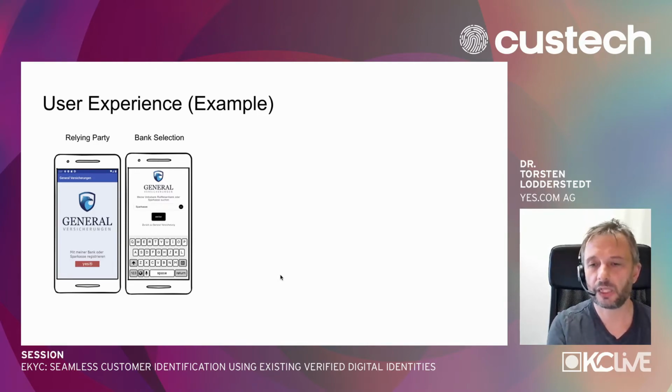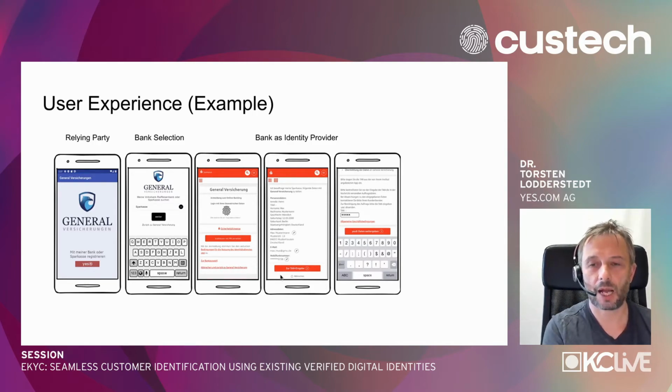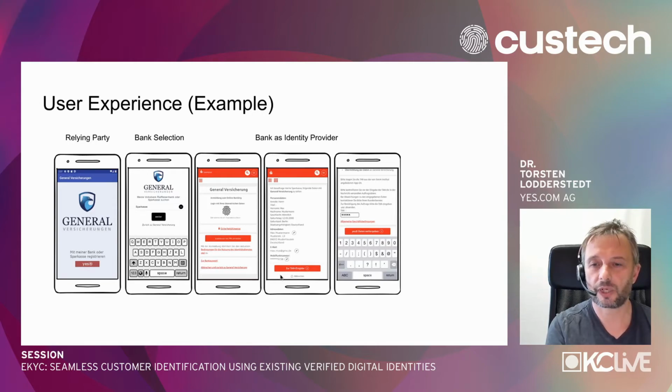The system cannot really automatically determine where to go. But once the user says, okay, I'm with, for example, a savings bank, the bank will act as an IDP, which from a user's perspective means, well, I use my online banking login. The online banking login, which I'm aware of, and that I use regularly to access my balance, to issue SEPA credit transfers and so on.